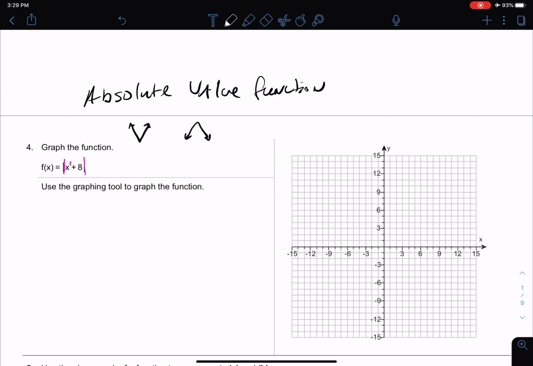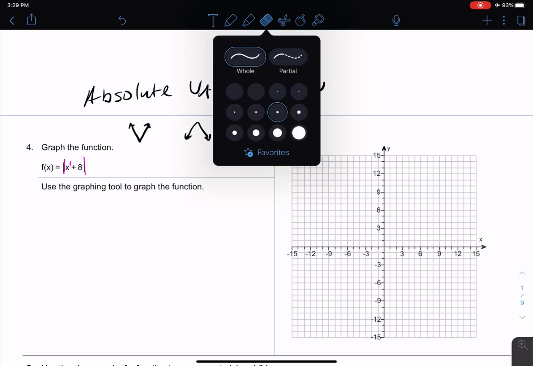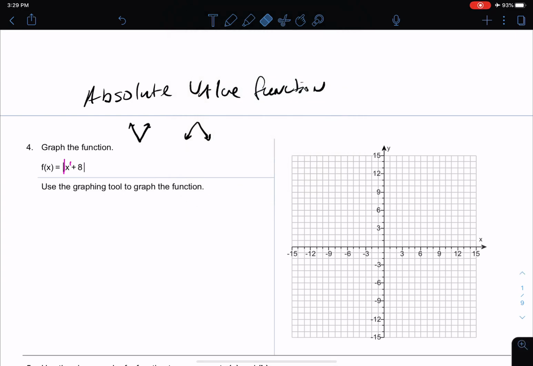So, how does this work? Well, my advice to you when you're doing this is, let me go back there. This is x. This is f of x.